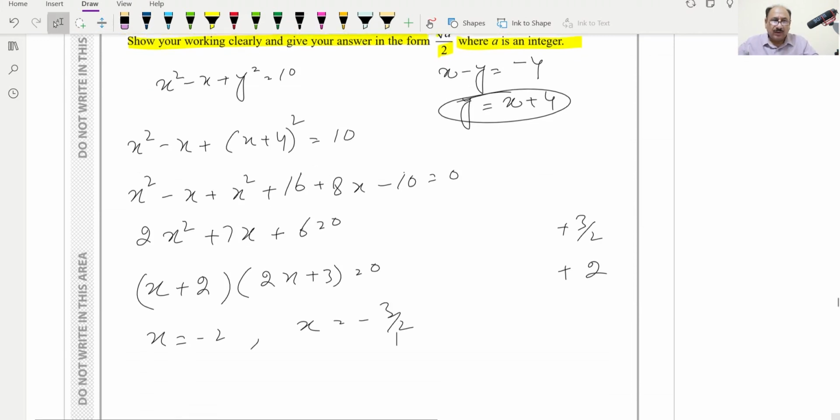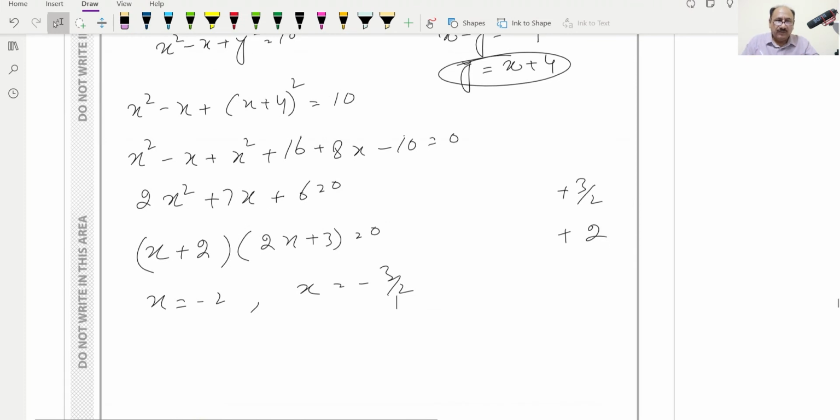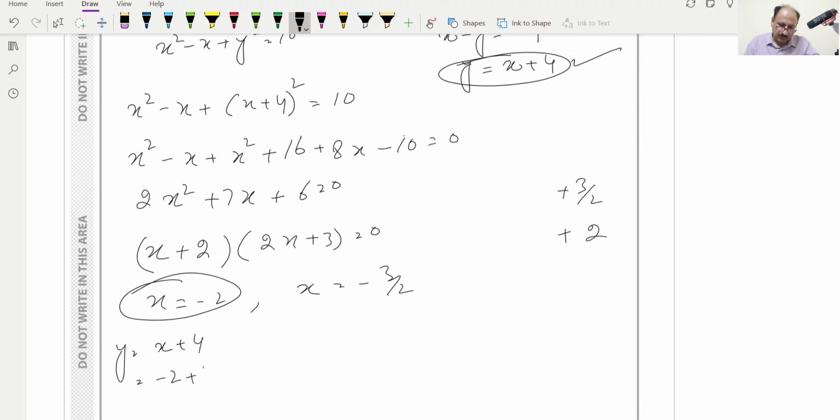This will be our value. If x is equal to minus 2, we will replace it in y is equal to x plus 4. This implies minus 2 plus 4, so y is equal to 2. We get y is equal to 2 in this case.